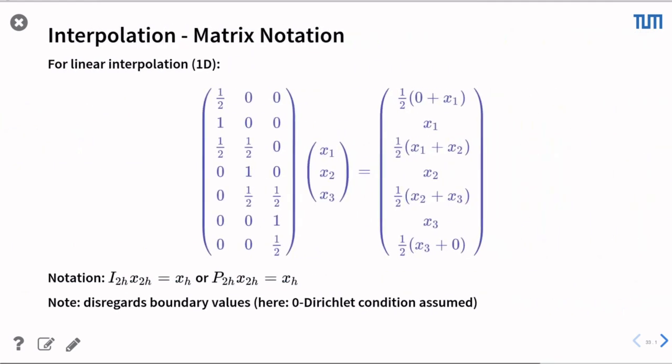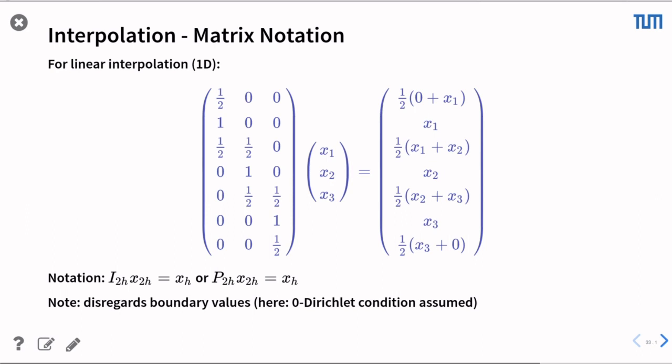Okay, so what does that look like in matrix form? It's basically just ones in all the locations where the grid points exist. Every second grid point already exists on the coarse grid, so we just transfer directly. So this is the coarse grid, and the fine grid also contains x1, x2, x3. And in between those points, we need to do something else.